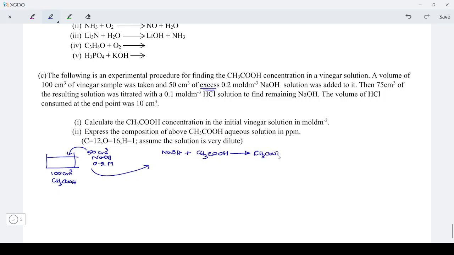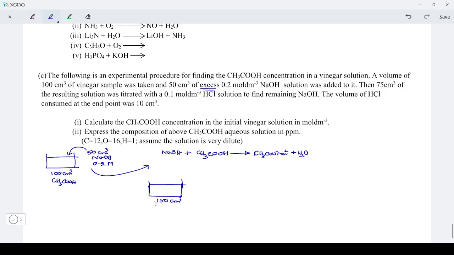So this is your salt and water. Okay, and the remaining, now you have the solution. And now that solution you had, this is the point where most of the students are forgetting.